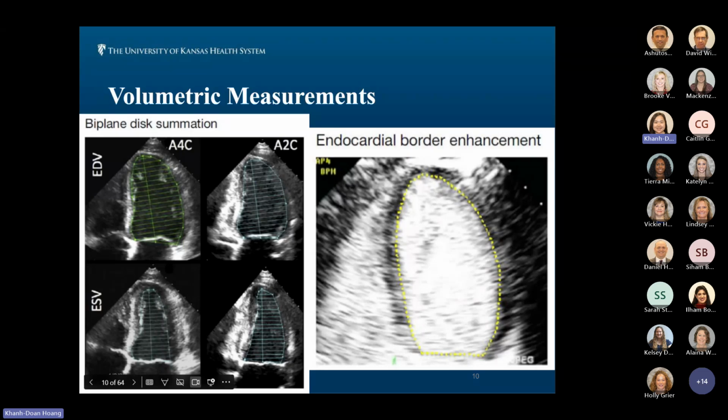That means along the border between your compacted and non-compacted myocardium, and you're tracing it in the apical 4 and apical 2 chambers. The computer software then divides the LV cavity into multiple discs, where each disc has a calculated volume. And then the summation, adding all those discs together, calculates your LV volume.